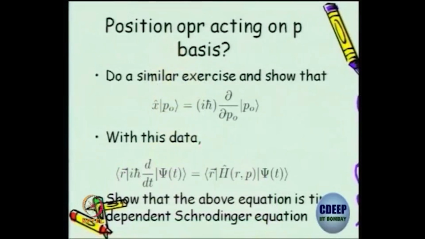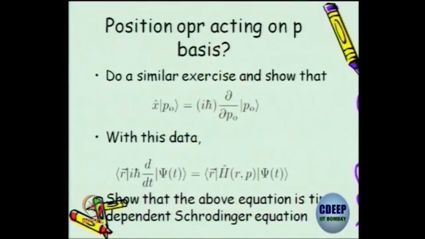So this is what I am trying to say, that you can do it even in 3 dimensions and you can show that it is nothing but your time dependent Schrodinger equation. Del squared by del x naught squared will become a del squared operator, the Laplacian. There are a lot of things which I said today which involve connections between classical and quantum mechanics, and then I went into the evolution equation.